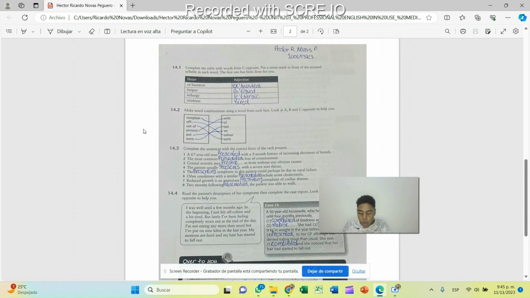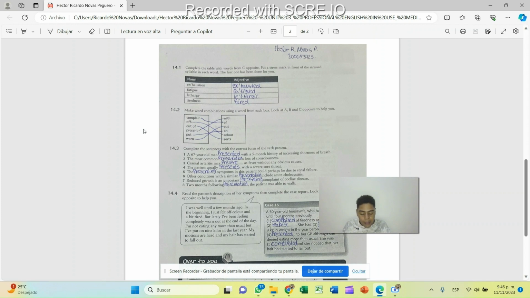The most common presentation is loss of consciousness. 3. Cranial arteritis may present as fever without any obvious cause. 4. The patient usually presents with severe sore throat.